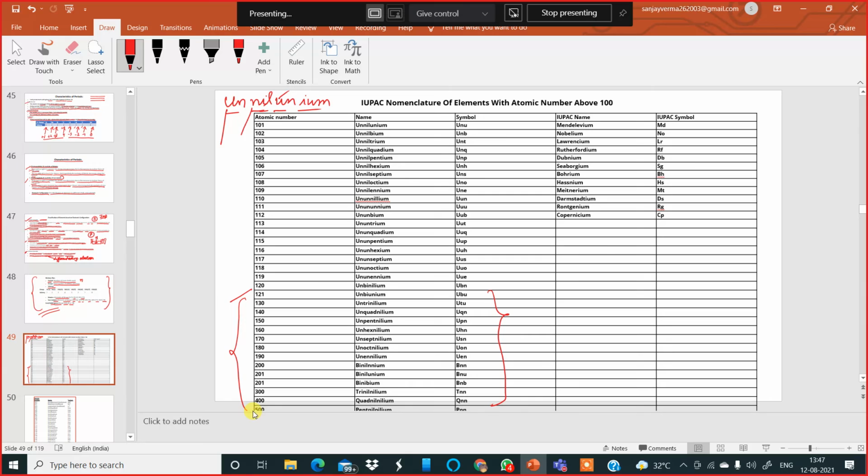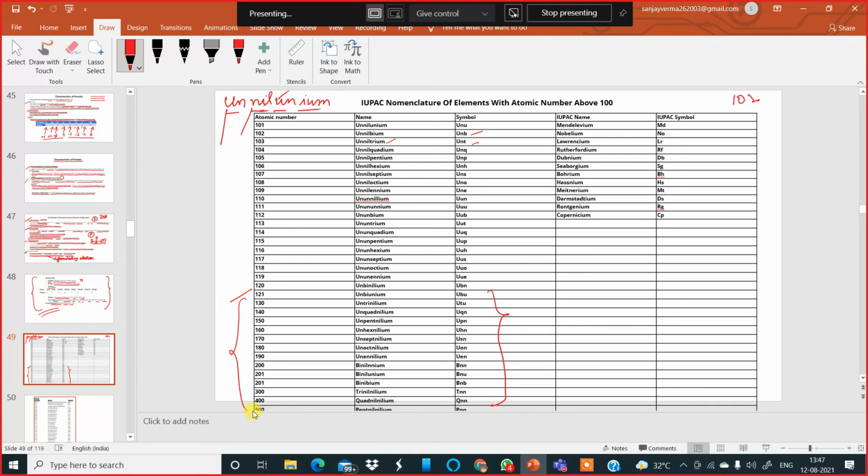So look at 102, the element whose atomic number is 102. Its name becomes un, nil, and 2 is bi: unnilbium, Unb. Okay. Similarly, 103: 1 means un, 0 means nil, 3 means tri, Unt.